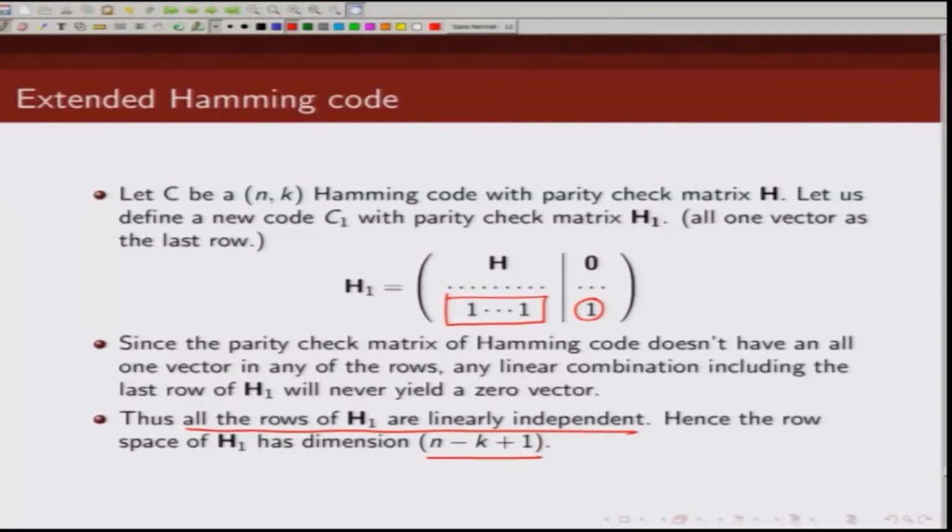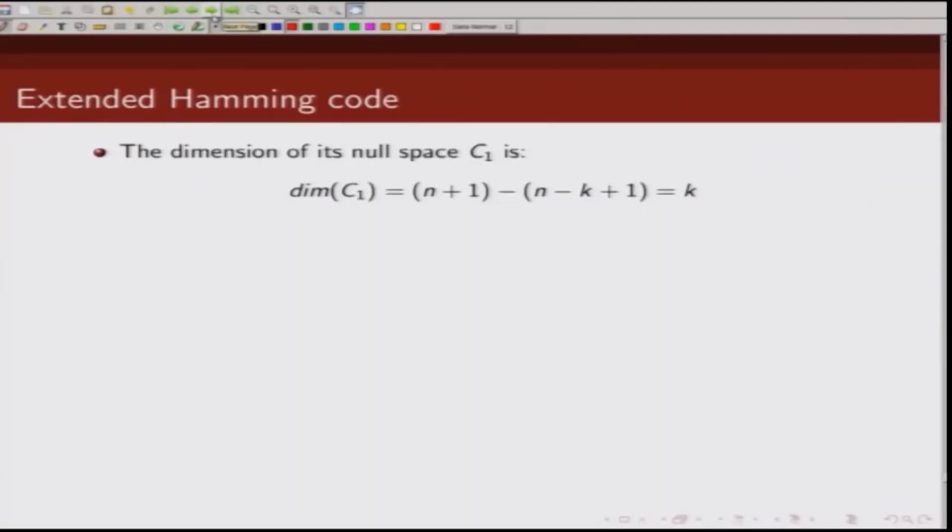And what is the number of columns? The original matrix had n columns, and we added 1 more column. So, the number of columns here is n plus 1. So, this will define a code of length n plus 1. Then we can find out the dimension of the null space: the number of coded bits is n plus 1, and the rank of the new parity check matrix is n minus k plus 1, so the dimension of the null space is k.